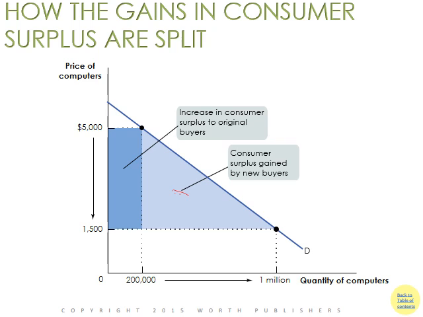So the increase in consumer surplus due to a price drop is partly the lower price for people that bought the product before, plus the consumer surplus that's realized by the additional consumers that now purchase the product.